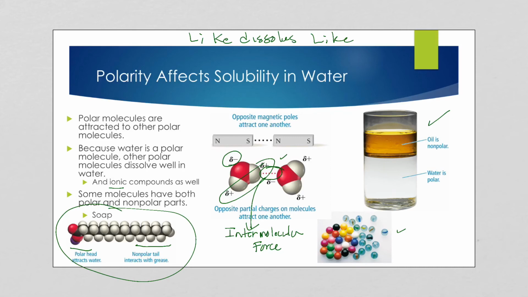So the soap acts as a bridge that allows that polar molecule to attach to the non-polar molecule and carry it away. That's how we can use soap. It makes it possible to use water, a very polar material, to clean non-polar messes like oils and greases.